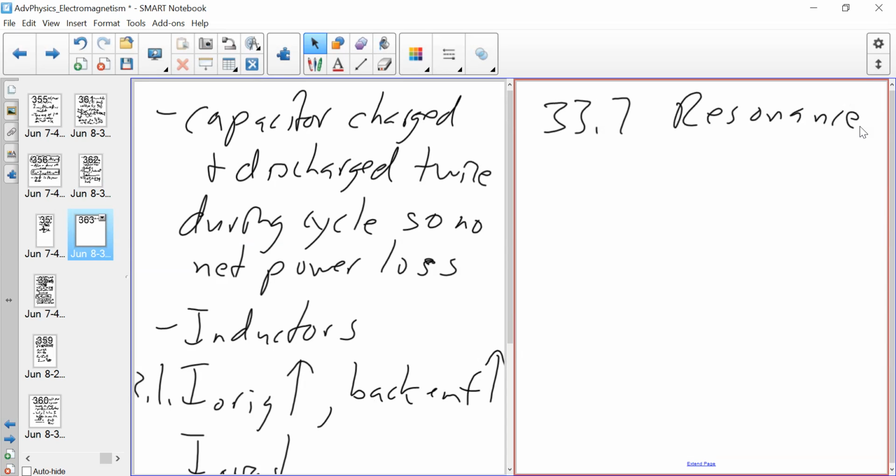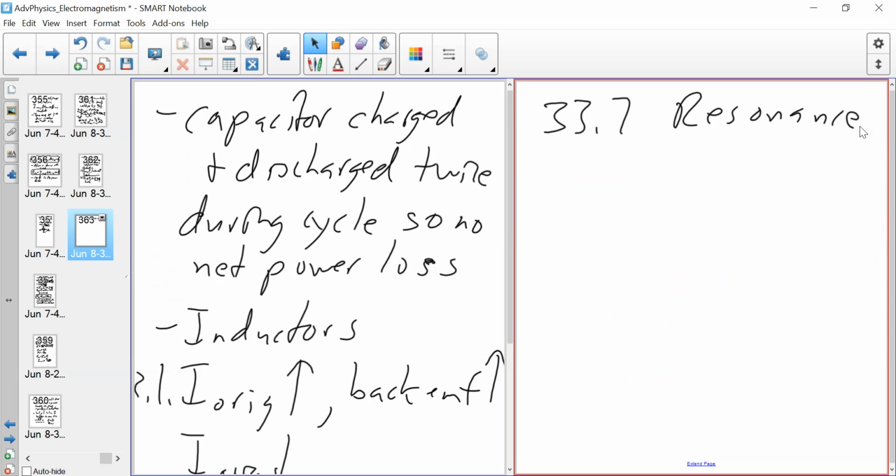What's going to happen is that the RMS current is basically going to be at the same frequency as the voltage source. And that can only happen if both the current and the voltage are in phase with each other.